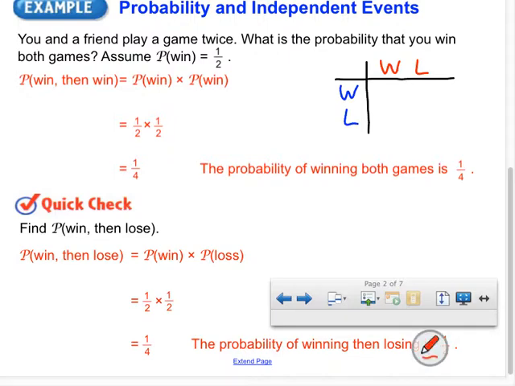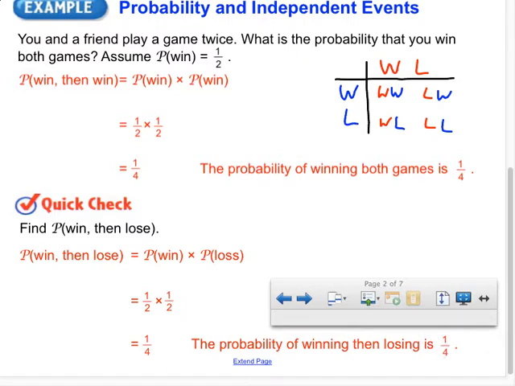So do you guys remember the sample space? Here, I can have W, W, or a loss and then a W, a win and then a loss. That should be an L.